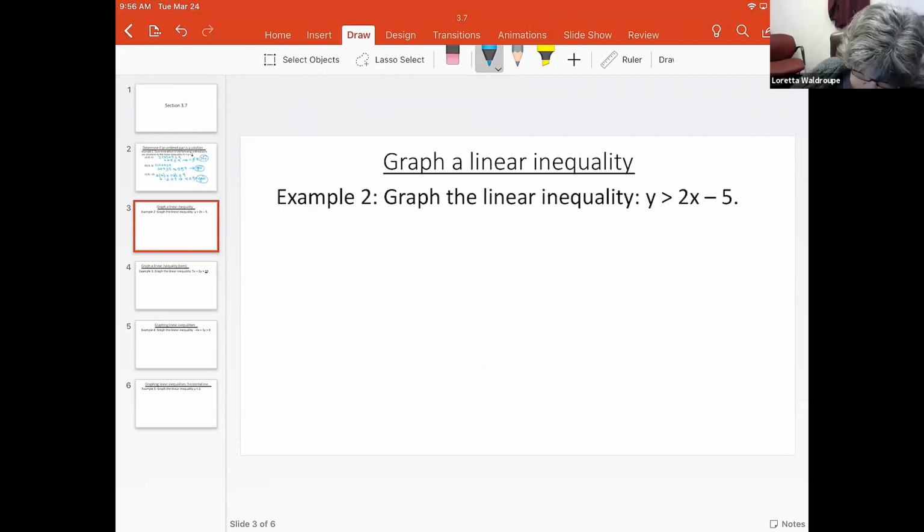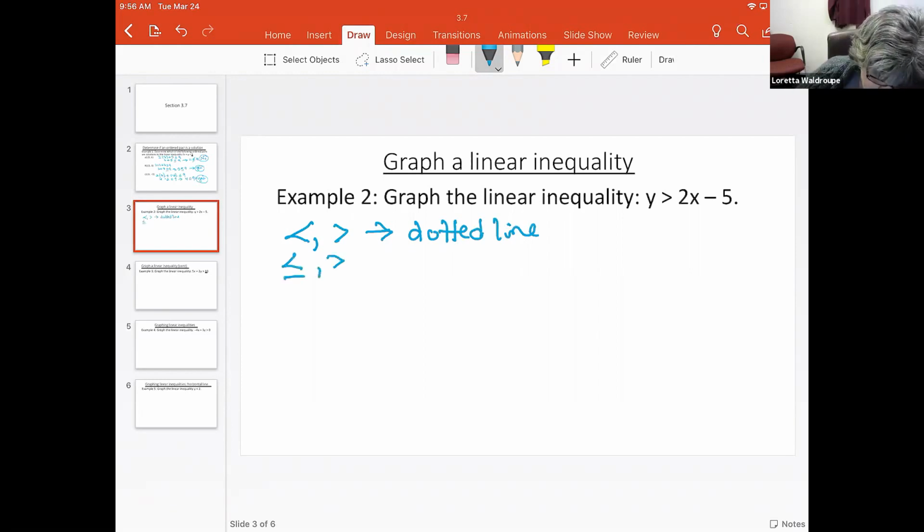Well, the first couple of things, if you have less than or greater than, it's going to be a dotted line. If it's equal to, it's going to be a solid line.